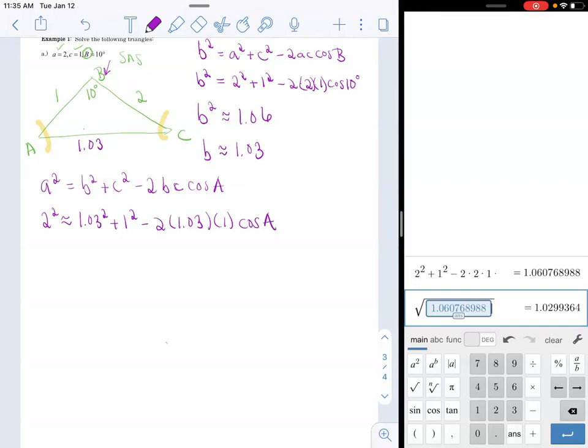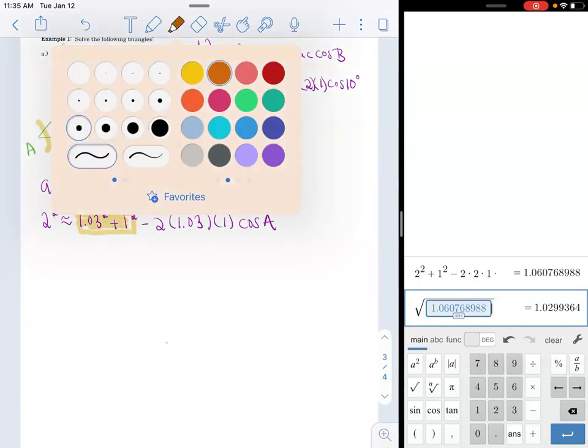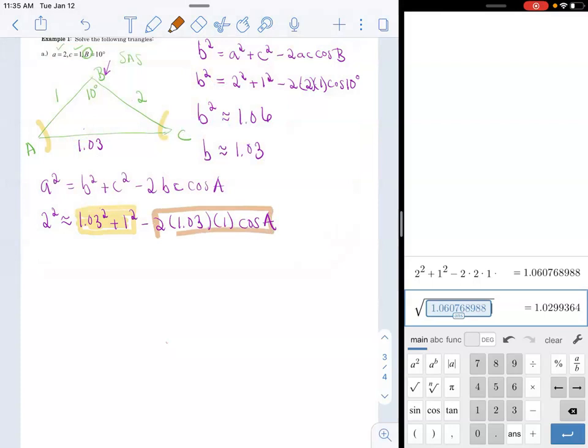Now, here's the main thing: this piece and this piece are not like terms, so I cannot combine them. This A is a variable, so I can only combine like terms.